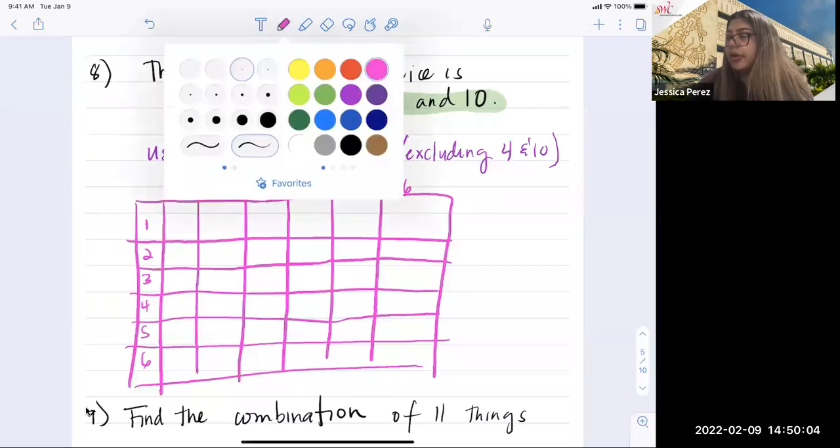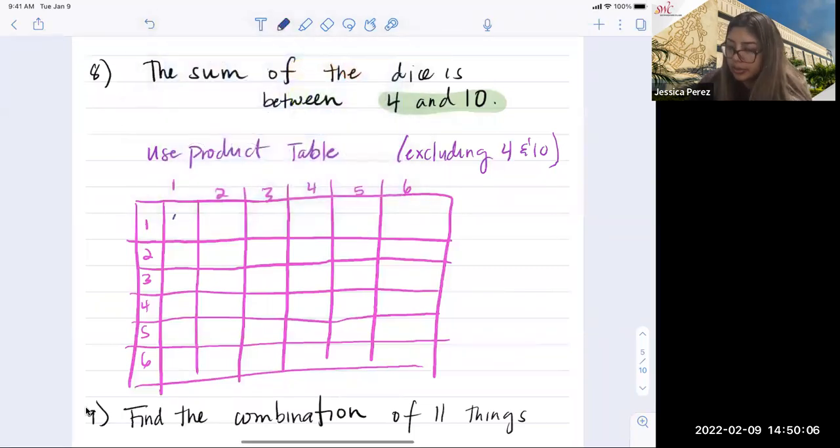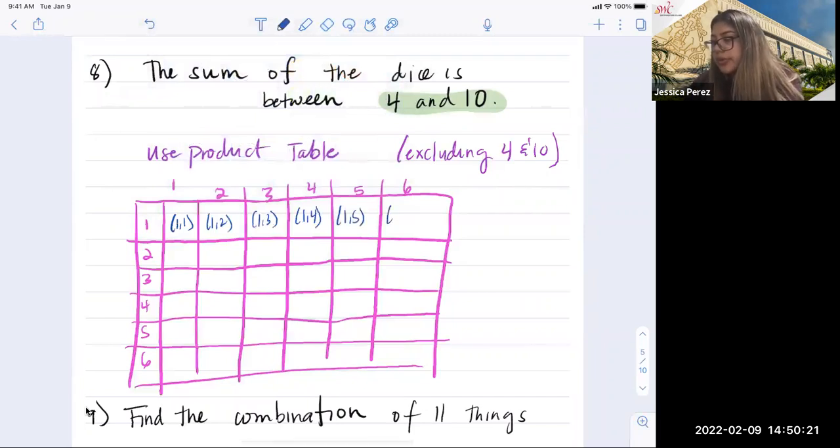And remember, they are coordinates, so you can have (1,1), (1,2), (1,3), (1,4), (1,5), (1,6). You should have this already written down in your notes somewhere. So then you don't want to waste time doing that.